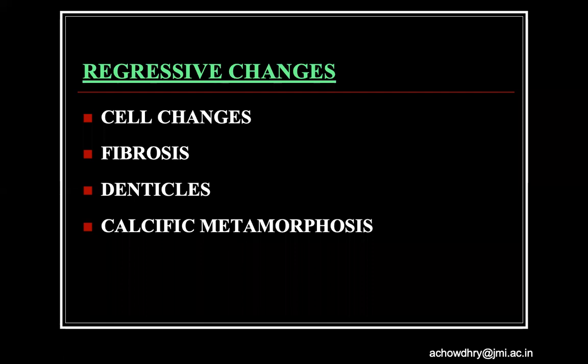Pulp calcification, I had already told you, can be localized or diffuse. If they are localized, those are pulp stones, which are true denticles and false denticles. That's how the classification is.